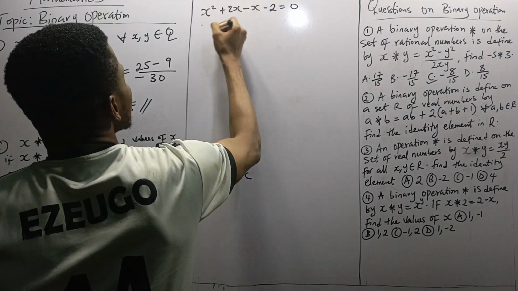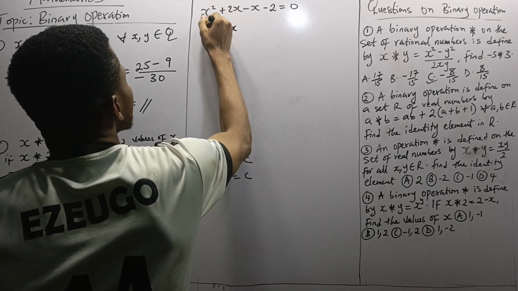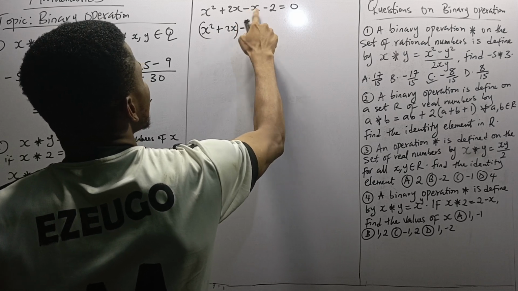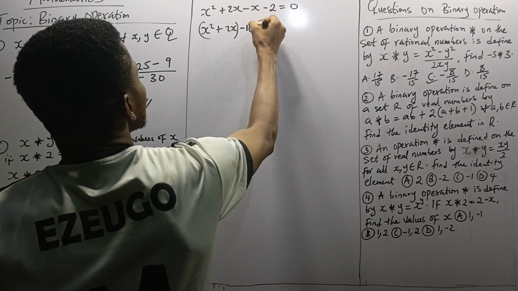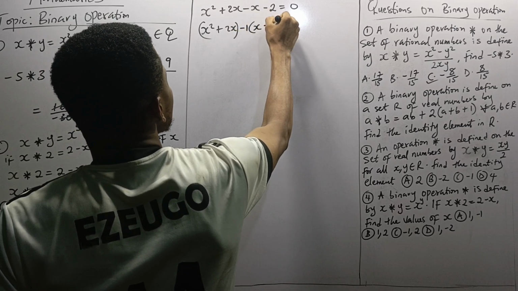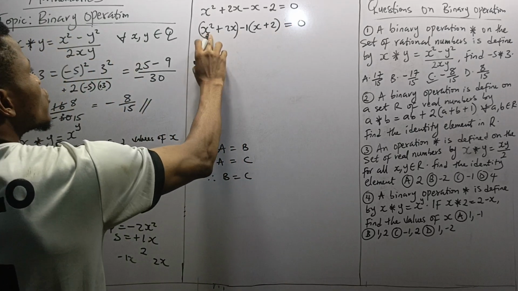So if we group them 2 by 2, it's going to be x squared plus 2x. Then we are left with negative. We factorize the negative sign. So this is negative 1. Negative by negative is positive. So we have x. Negative by negative is another positive, which is plus 2 equals to 0. Of course, we factorize completely.